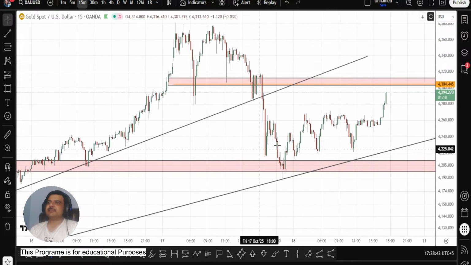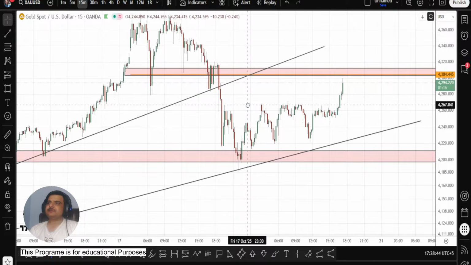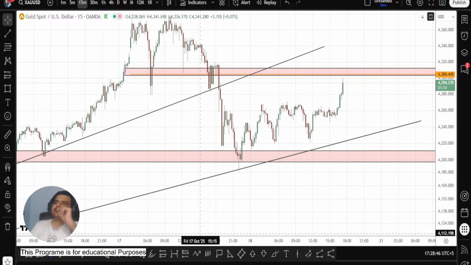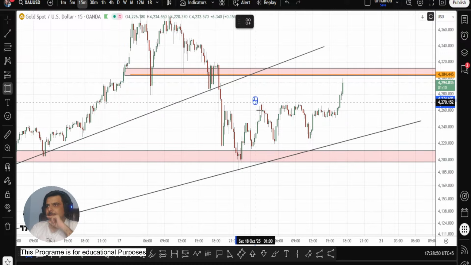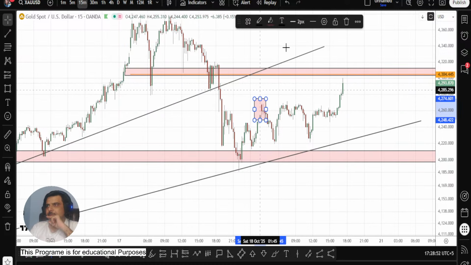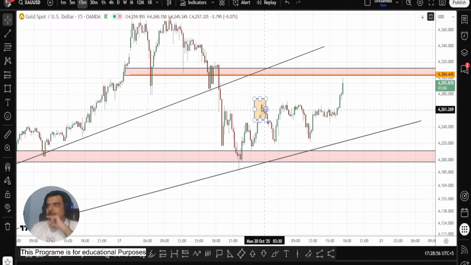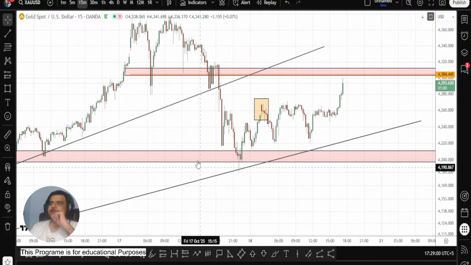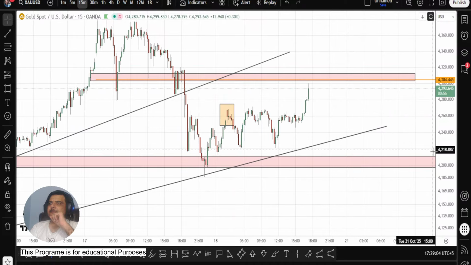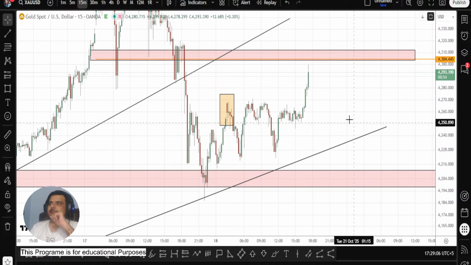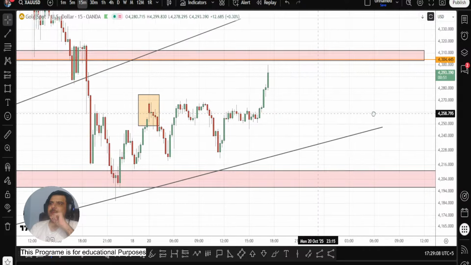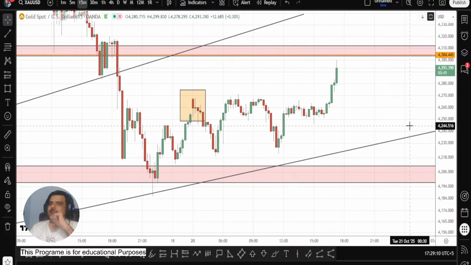Then the intraday comes. Today the market opened right here, and obviously I will be reading this structure now.